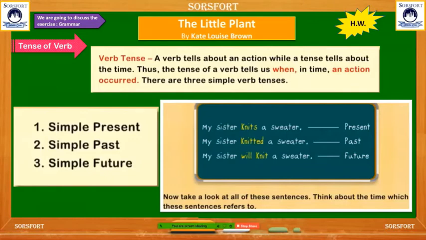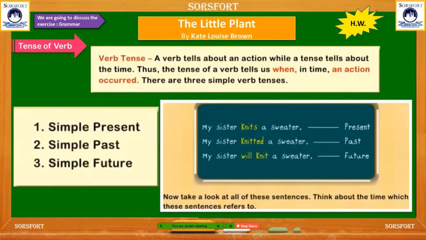So see the sentence, my sister needs a sweater. This is present tense. My sister knitted a sweater. She knitted, she is not knitting right now. So she has done that work. So this is past tense. Knitted. We added ed. My sister will knit a sweater. She will do this job afterwards.